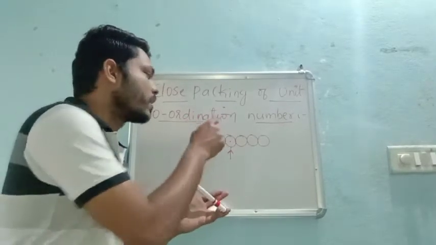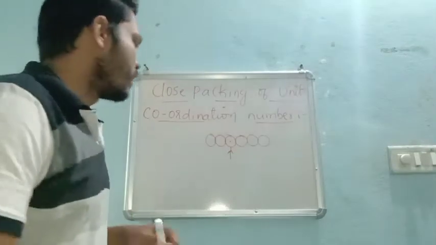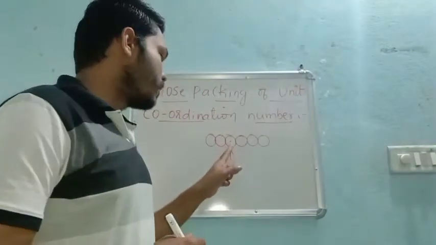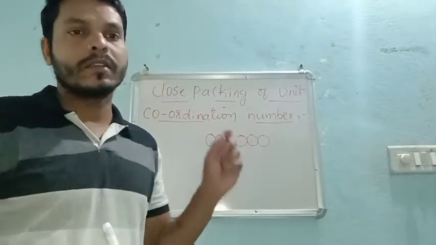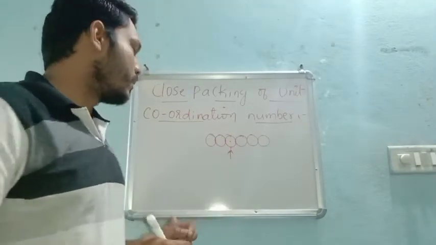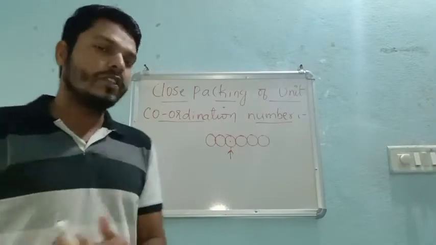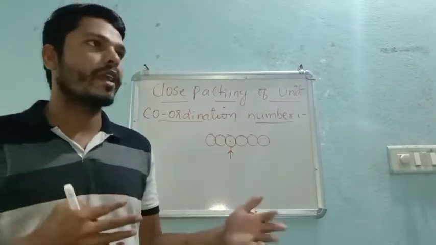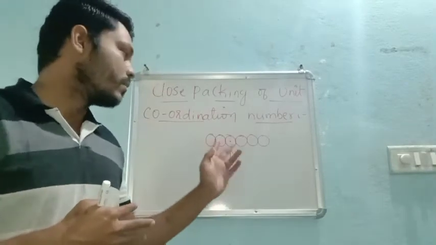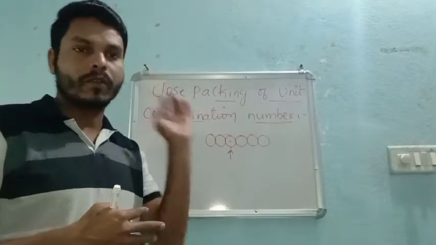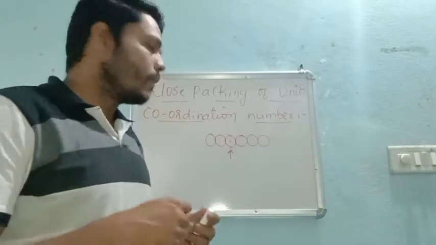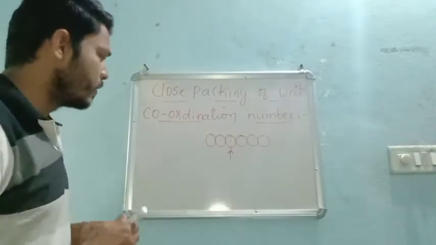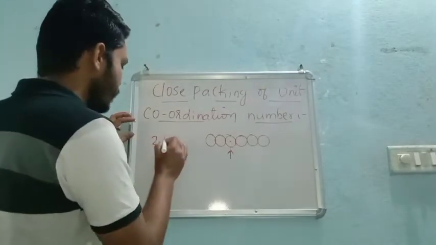So coordination number is nothing but the number of neighboring atoms directly attached to a particular atom. That means the coordination number changes or varies with the different arrangements. So in one dimension, we can see that the coordination number will be 2. If the arrangement is 2D, we will see later during this class.